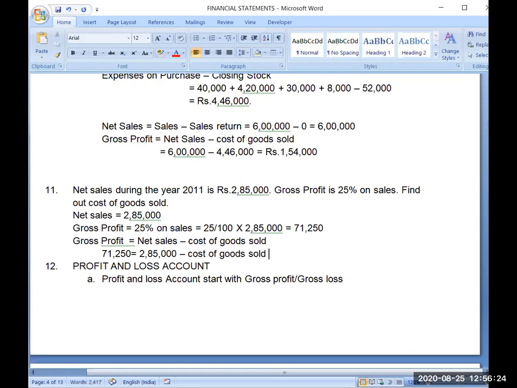So that's why it will become cost of goods sold is equal to 2,85,000 minus 71,250. And it will be how much?